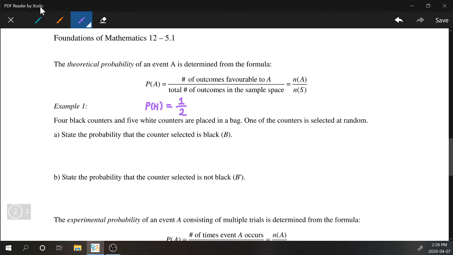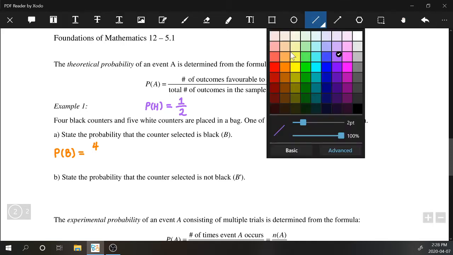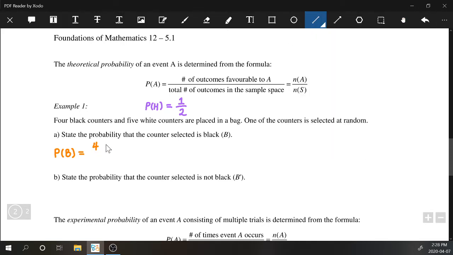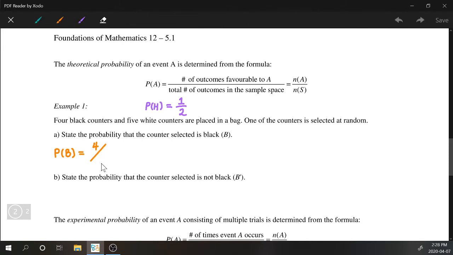So the probability that the random counter is black would be the probability of a black counter, and that will be 4 favorable outcomes, the ones we want, divided by, quite simply, 4 plus 5. So you will get the probability of 4 over 9. So that's it.